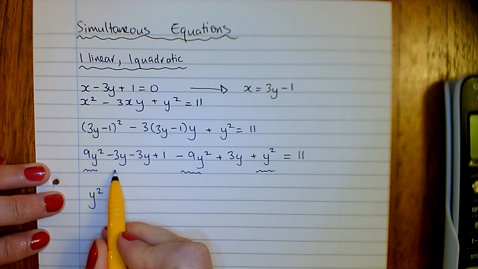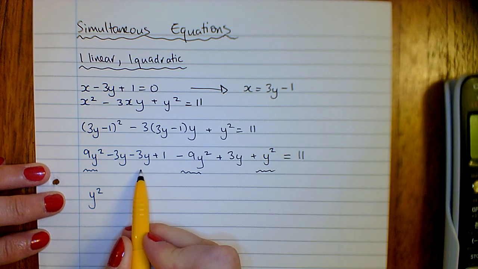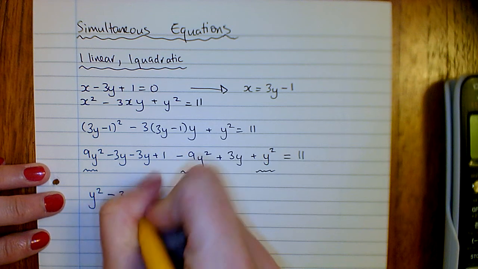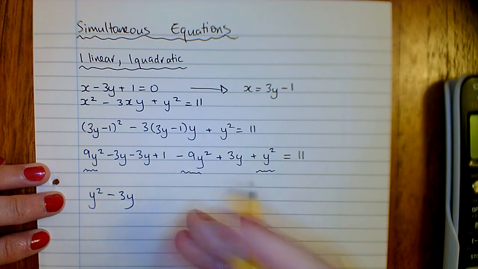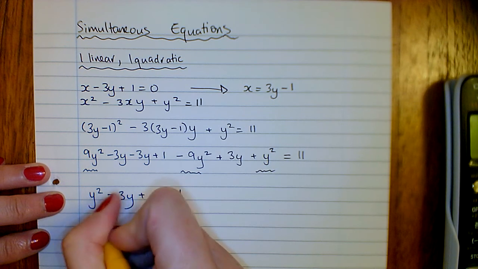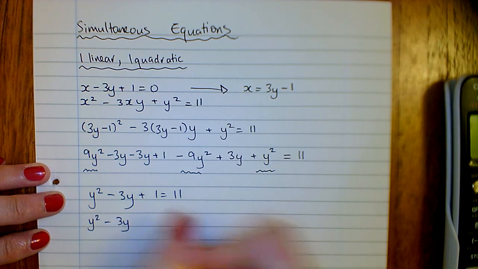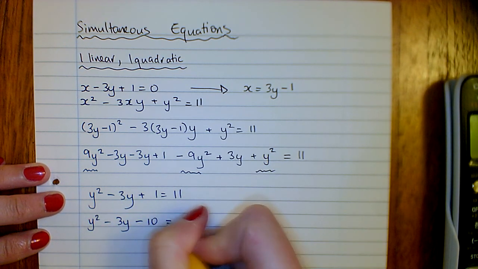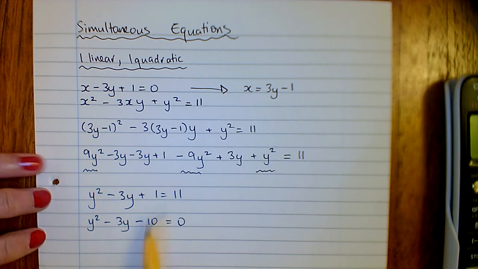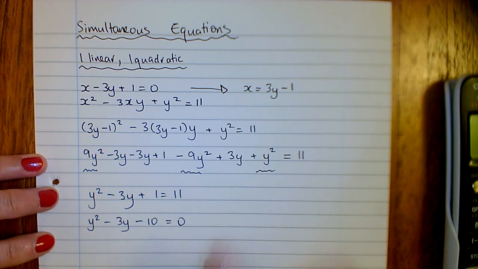With minus 3y minus another 3y, so it's minus 6y plus a 3y, so we've got minus 3y, and I have plus 1. We've got a quadratic that we need to solve, so I'm going to bring the 11 over and make it minus 11, so you get 1 minus 11 then is minus 10.